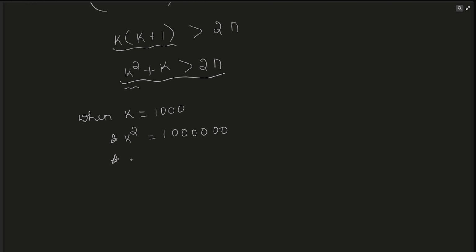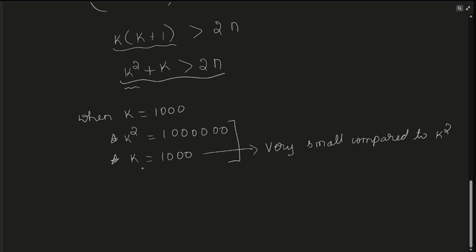And what is the value of k? 1000. Is k square the same as k? k is very small compared to k square, and this is kind of constant time. So that's the reason in time complexity we will always consider the dominating term.